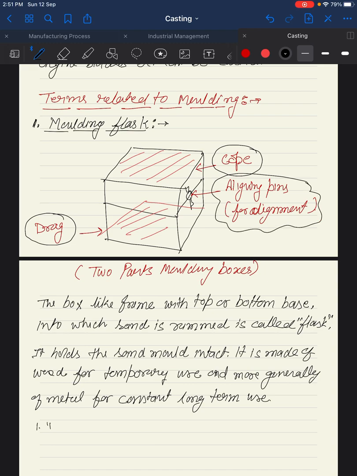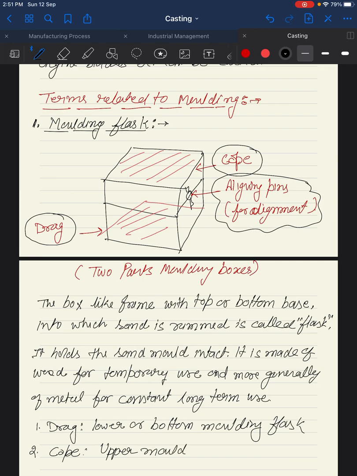Okay, so here one thing important: what is drag, what is cope, and these alignment pins. So first thing is drag, the lower or bottom molding flask. Second, cope, the upper molding flask.